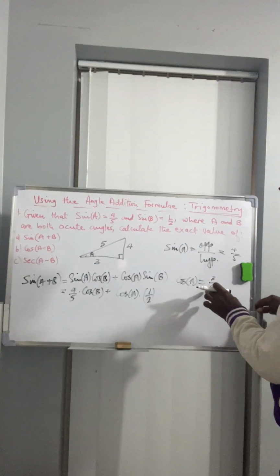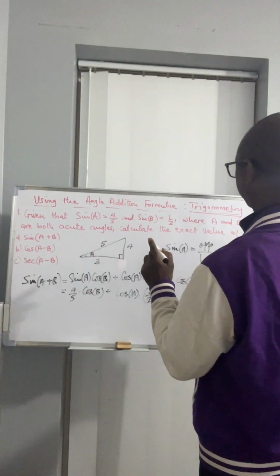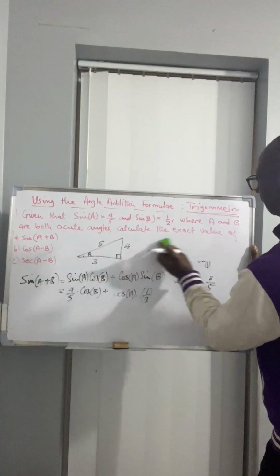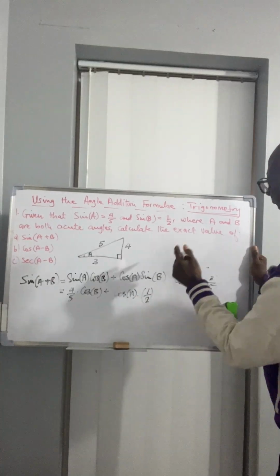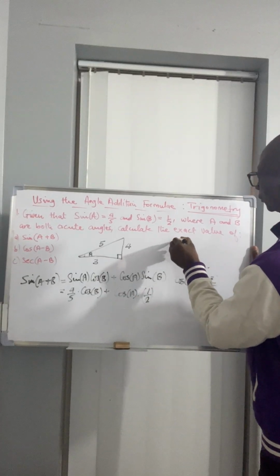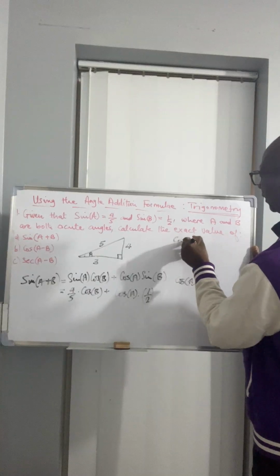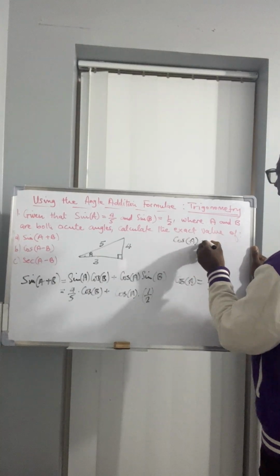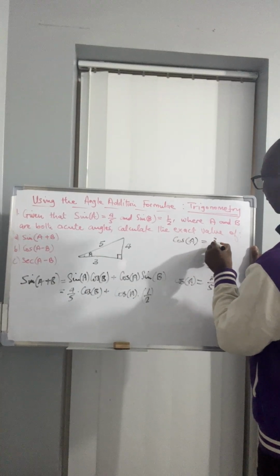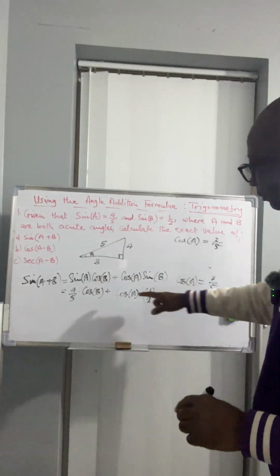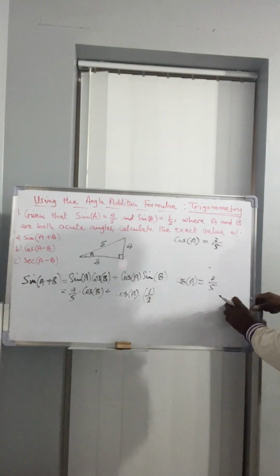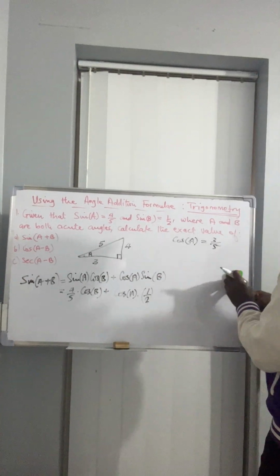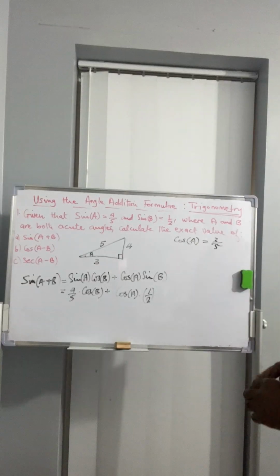So cos A, where shall I keep it? Cosine of A is 3 all over 5. We now need the cosine of B. Let's keep this one here.